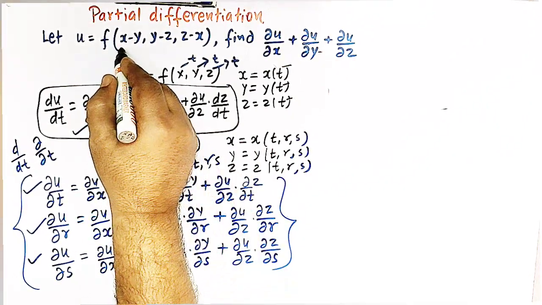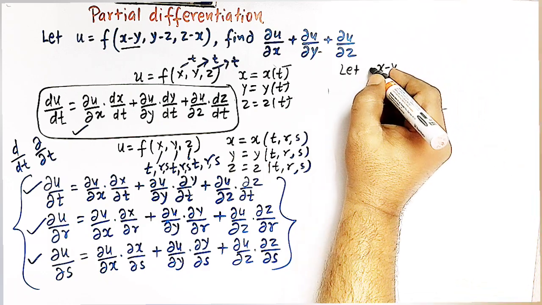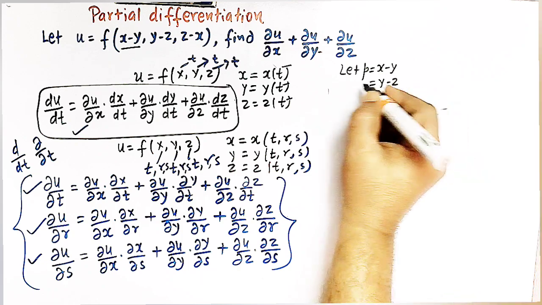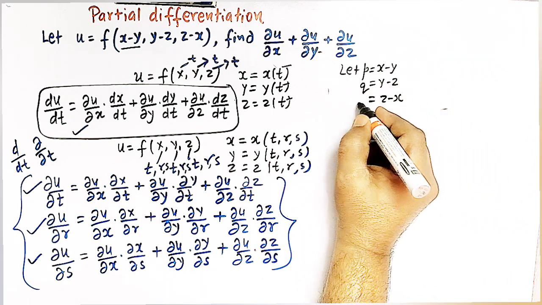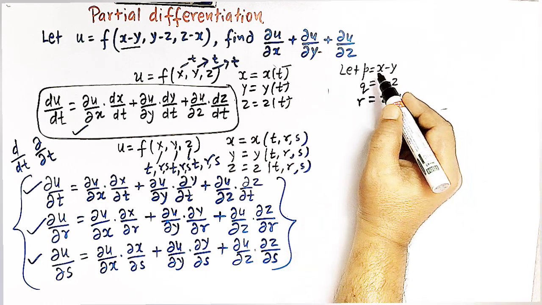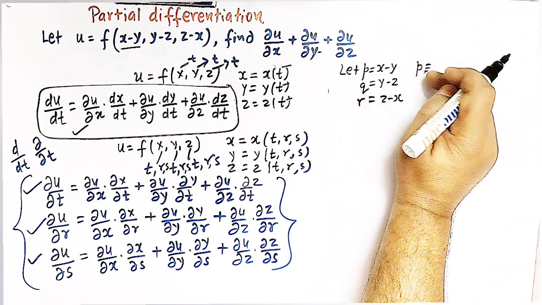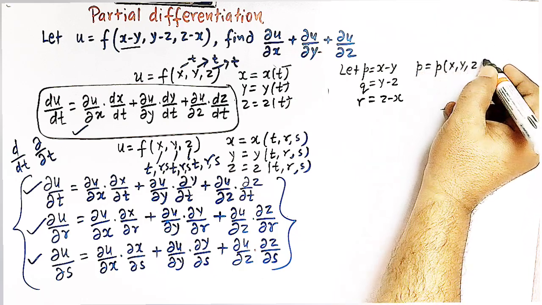So now let us take x minus y is equal to p, and y minus z is equal to q, and z minus x is equal to r, right? And here we can take p as a function of x, y, and z.